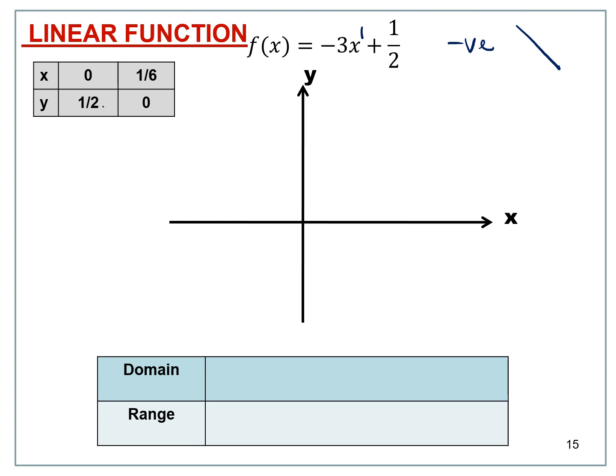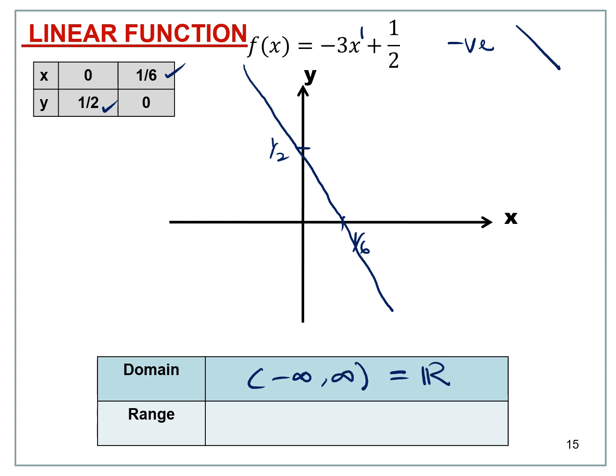When x is 0, you get y = 1/2, and when y is 0, you get x = 1/6. So you join the 2 points, (0, 1/2) and (1/6, 0), and you get a linear graph. So we can write the domain negative infinity to infinity, or real numbers, and the range also is negative infinity to infinity, which is real numbers.